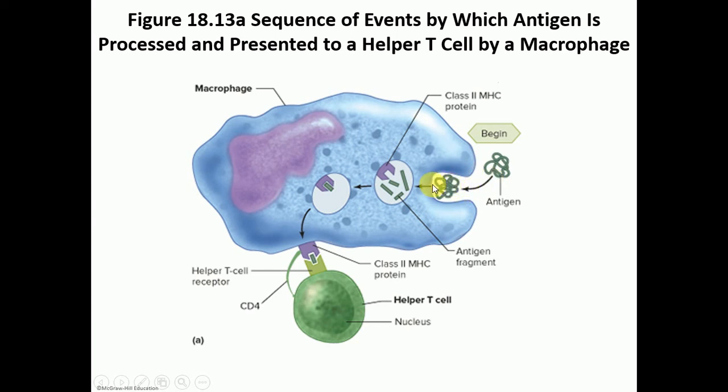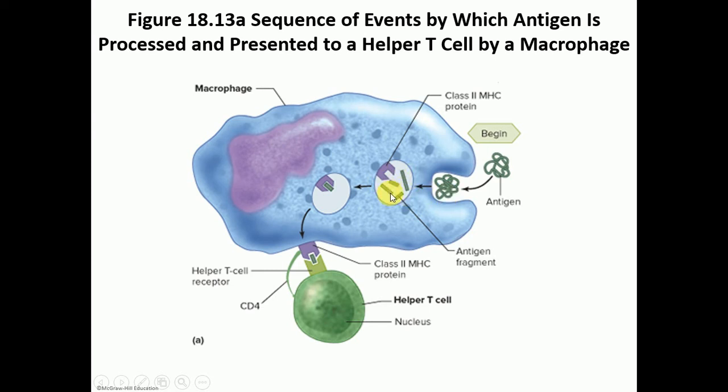It will engulf it through phagocytosis, and as it's engulfing it, it engulfs this class 2 MHC that's found on the cell membrane. Normally this would be out here on the surface, but now that it has identified an antigen, it'll engulf the class 2 MHC protein with the antigen.